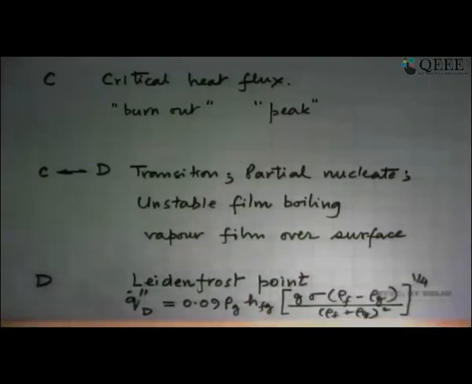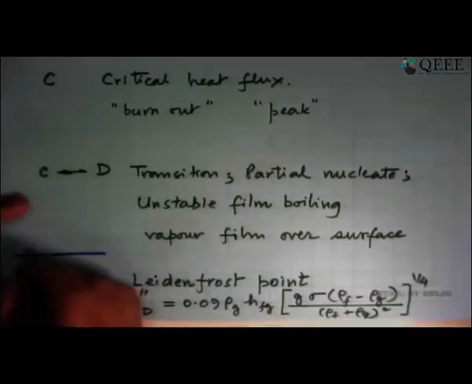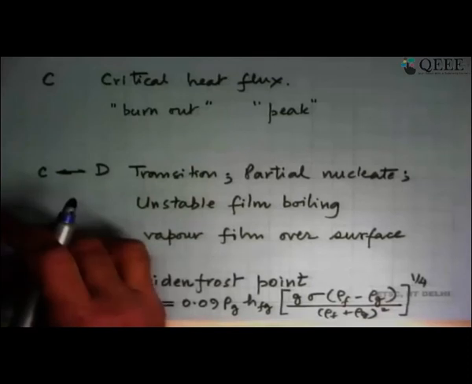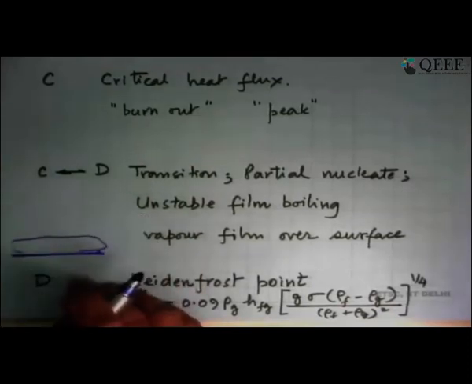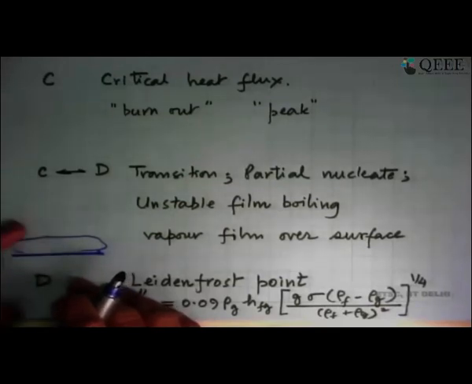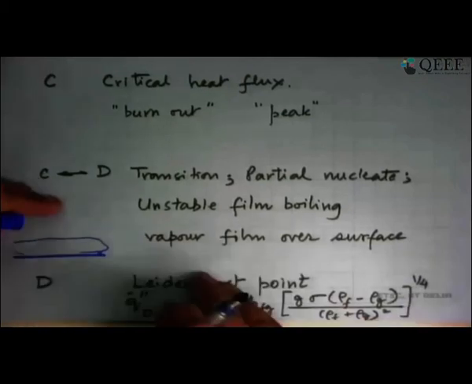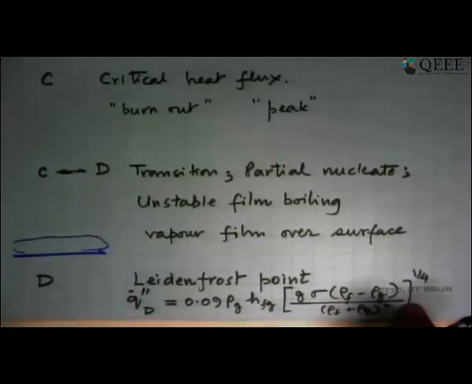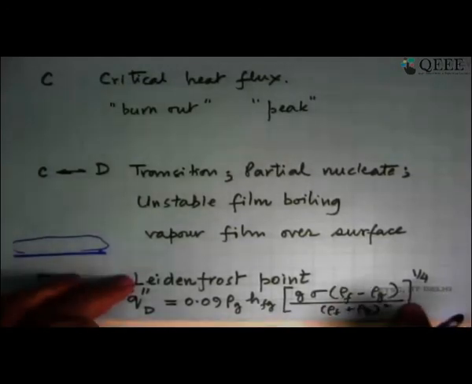Because you had a stationary type of system, with a surface on which this was there all the time, the liquid would come and quickly become a big vapor. So you are looking at a quasi-static situation where on the surface you always have a vapor blanket. Once we have decided what pressure it is, everything seems to be getting fixed. And that is why there is a unique heat flux associated with the Leidenfrost point.